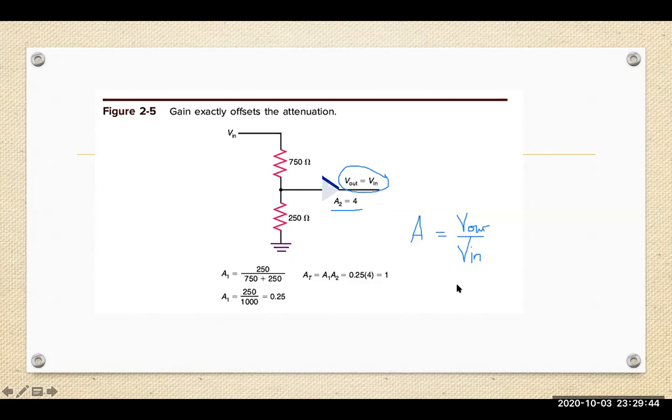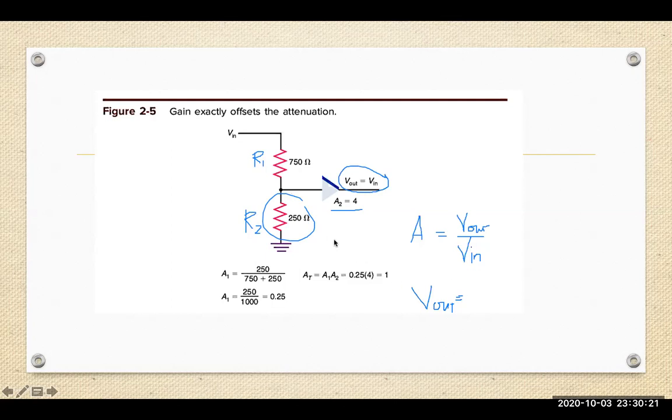So if you are to solve for the output voltage, which is the voltage across this resistor, let's label these resistances. If this is R1 and this is R2, the output is measured here, connected to this amplifier.